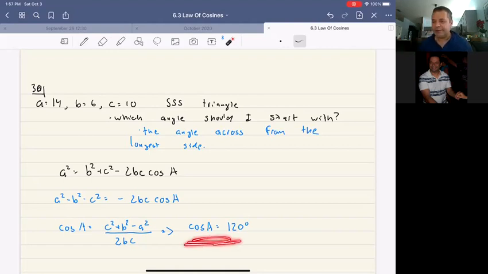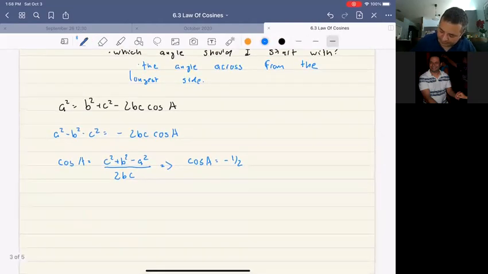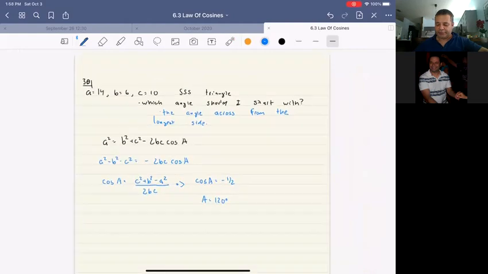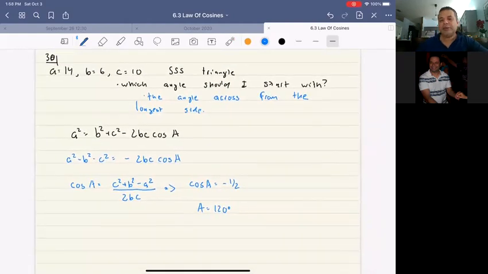Sorry, cosine of A is -1/2. A is 120. So now we have A is 120 degrees. Now we can use the law of sines to find all my other angles.